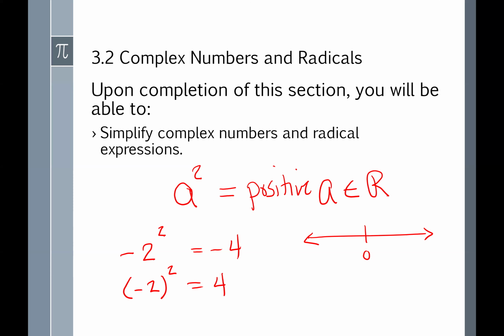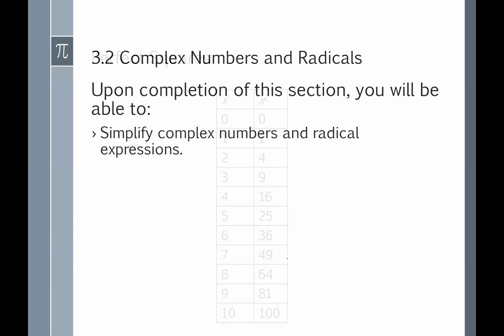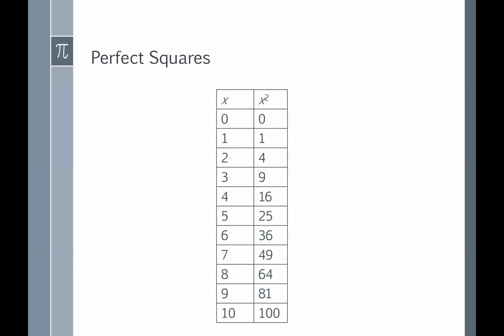So I have included in the slide deck in Canvas some perfect squares. So 0 squared is 0, 1 squared is 1, etc. And it is my humble opinion that you should know these. You should know that 3 squared is 9. You should know that 9 squared is 81.